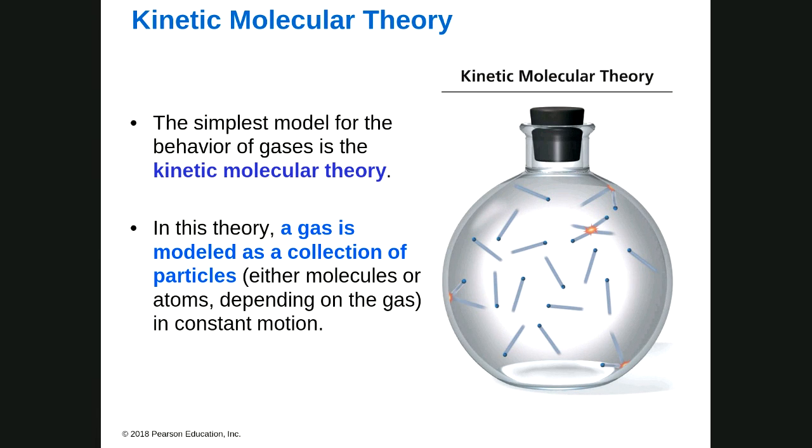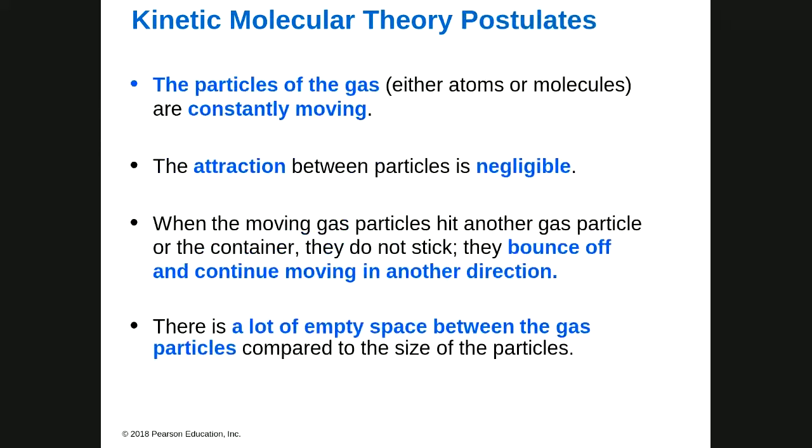We look at gas molecules as particles in constant motion, moving as fast as they can to get as far away from each other as they can. Negligible attraction, and they bounce off each other, continue moving in another direction, and there's a huge amount of space between them.